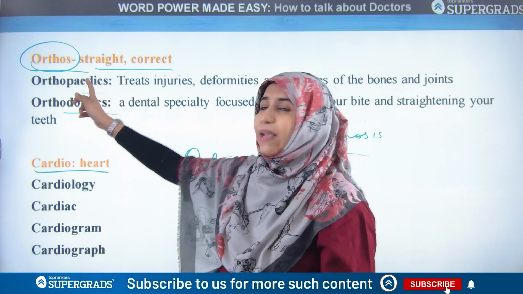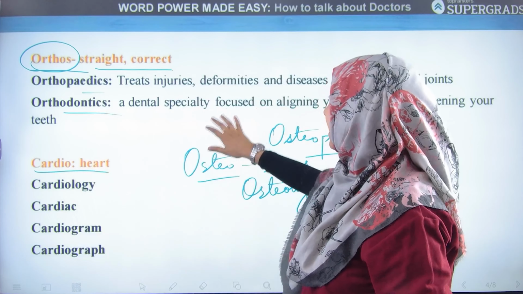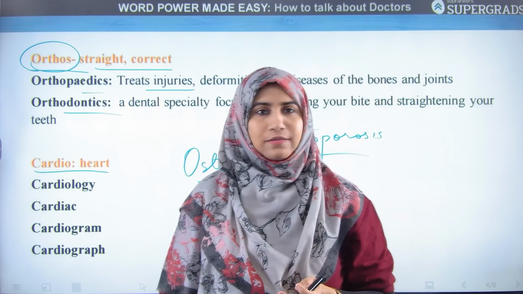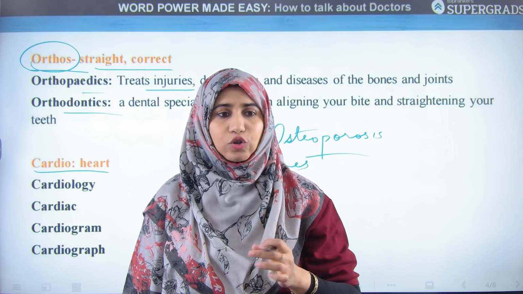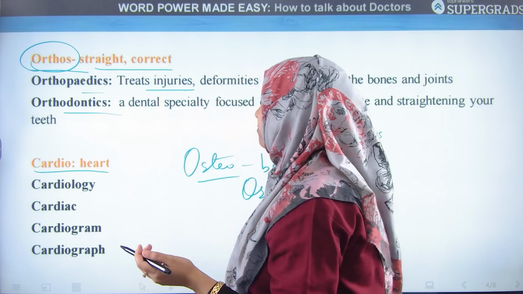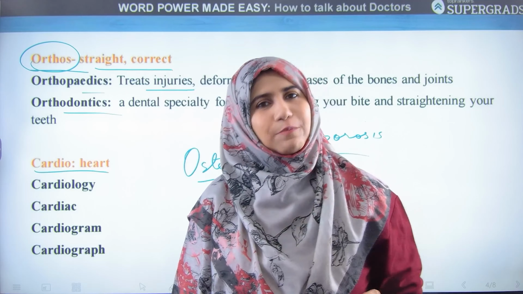Your bone has shifted a little, so they will set it straight. Orthopedist will set it straight. So it's basically straightening of bones or something. Okay? So they treat injuries. We already know, right? Orthopedics is the science. Orthopedist is the practitioner. Always remember the suffixes are really important. And with that, you can at least identify the part of speech that they belong to.